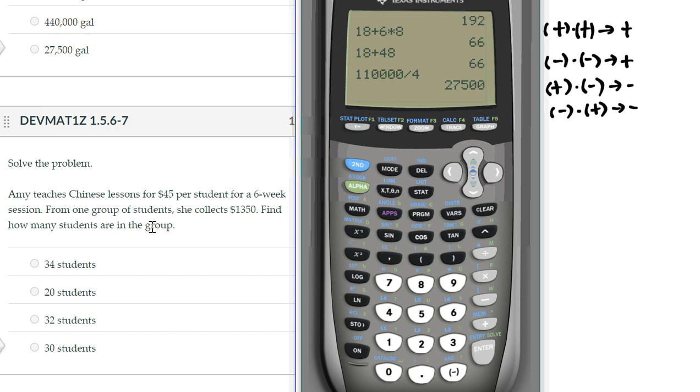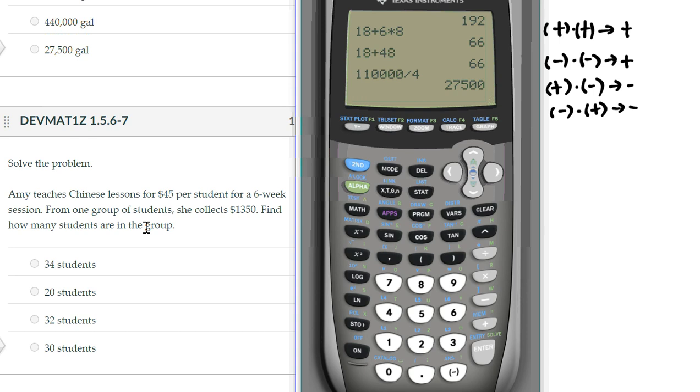Okay. So you know, $45 per student for 6 sessions. For one group of students, she collected this much. And here we want to find how many students are in a group.